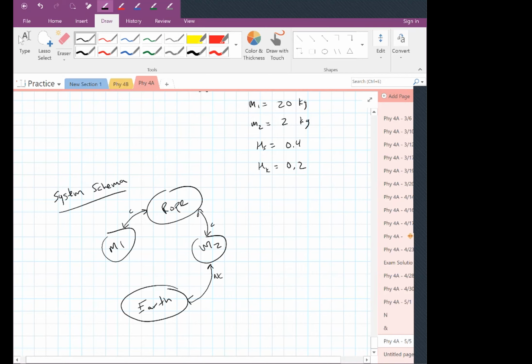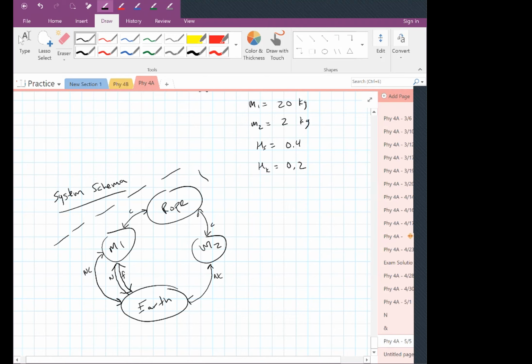And M1 is not only touching the Earth, and how do we normally have a contact force with the Earth? We have it as a double, right? A normal force and a friction force, right? I'll put it like that. Contact force there. And then what can reach in from a distance? Gravity. So there's my system schema.